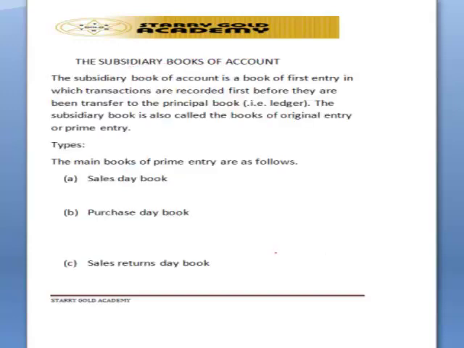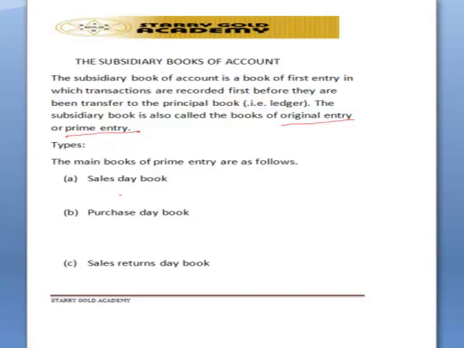So let's go in by looking at the subsidiary books of account. The subsidiary books of account are books of first entry in which transactions are recorded first before they are transferred to the principal book. And the principal book here is the ledger. The subsidiary books are also called the books of original entry or books of prime entry.